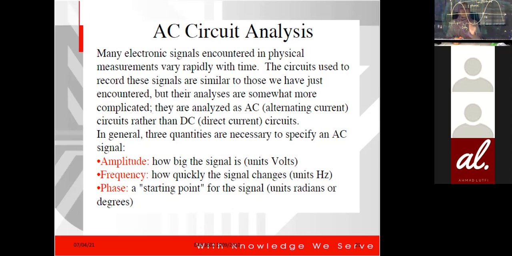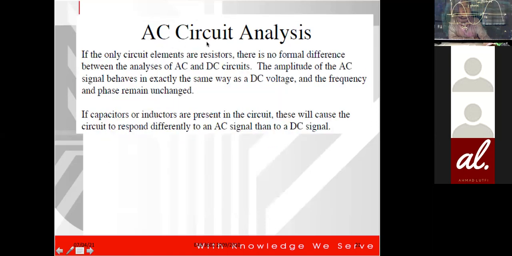It's also the same if I draw it from here to here. This is a phase lah, satu fasa. The phase of the signal, the starting point for the signal, dalam unit radian. So that is the things that you need to understand about the AC, alternating current circuit analysis.